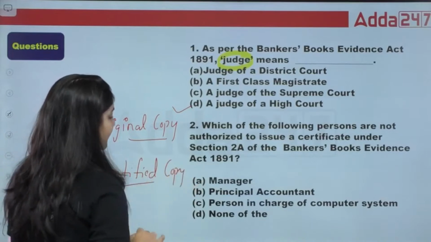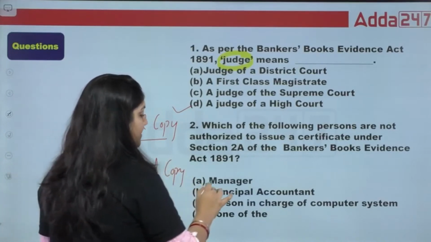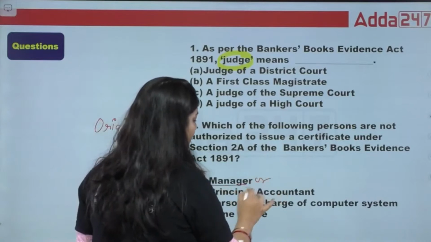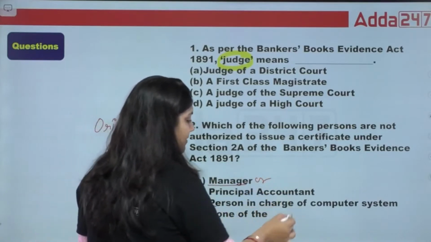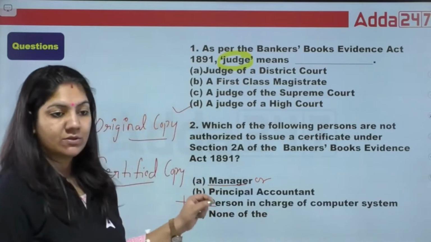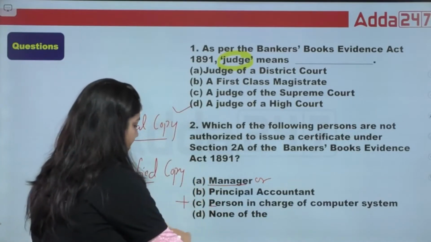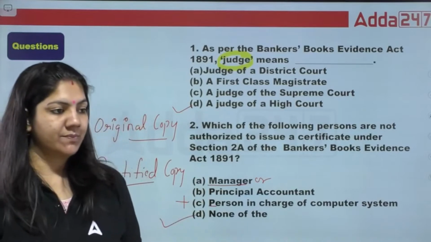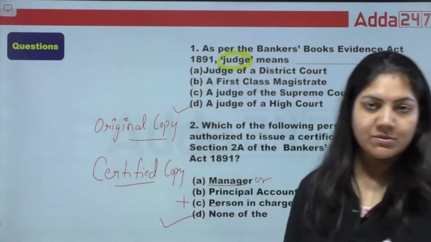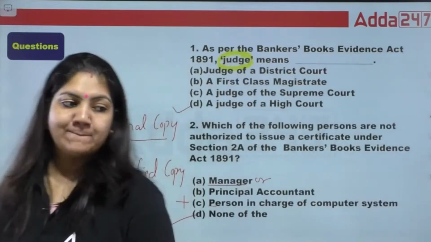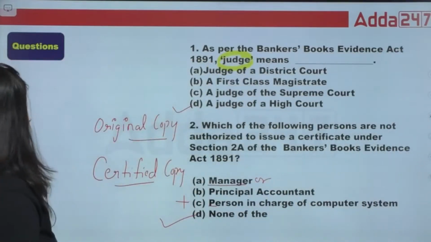The certified copy should be signed either by the manager or principal accountant, plus the person in charge of the computer system is also required to sign here. So none of the above will be the right answer for this question. Is that okay? Then guys, this is the right answer.